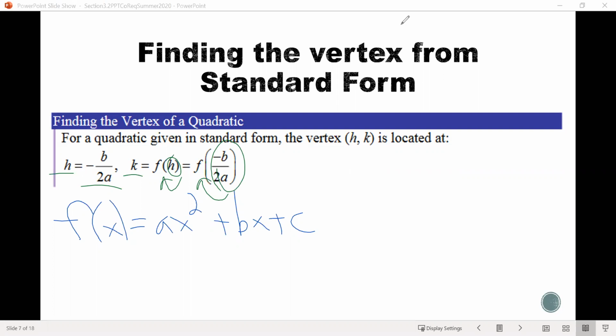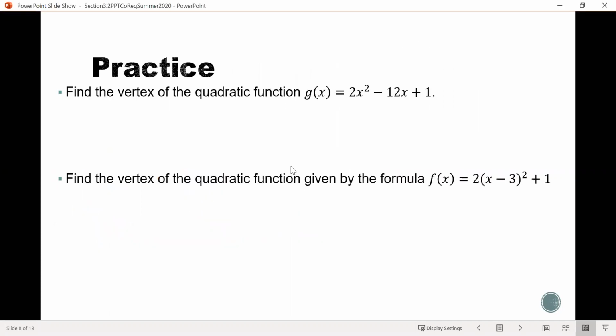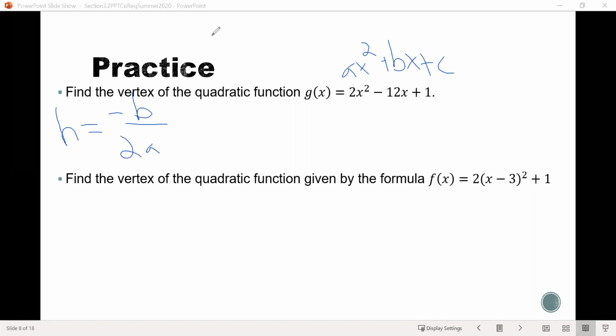So let me show you an example of that. Here at the top, we're asked to find the vertex of the quadratic function g of x equals 2x squared minus 12x plus 1. Again, note that this is in that ax squared plus bx plus c form. So to find the coordinates of the vertex, we first start by finding h. We do that by doing negative b over 2a.